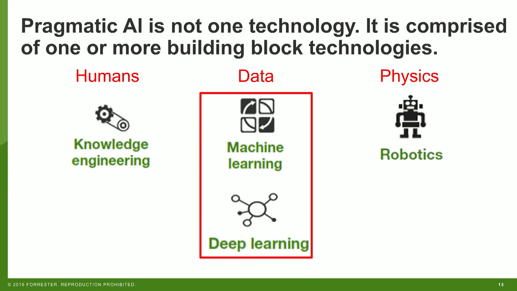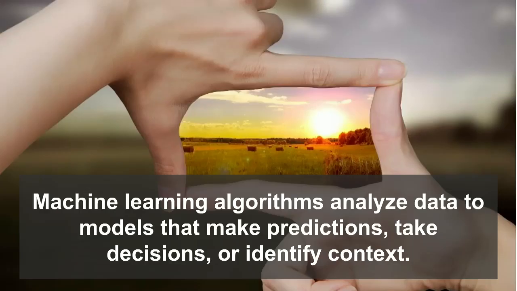So if you think of a self-driving car, well, that's robotics with deep learning and maybe some knowledge engineering. But front and center are the data technologies, AI that is data-driven, uses machine learning or deep learning. And so those are the key use cases that we think most companies are and should pursue in their strategy.